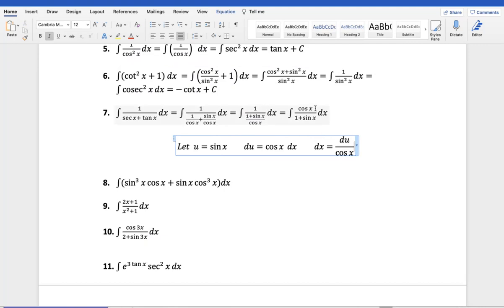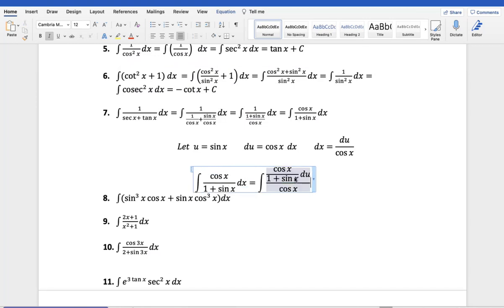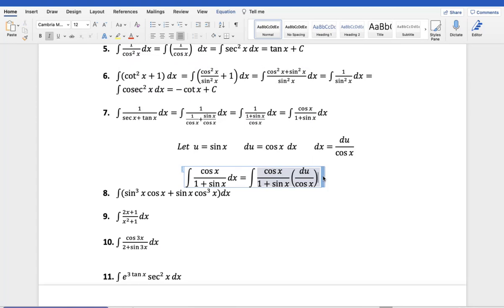So we know that. Now if we apply this to our integral, we get dx being equal to du over cos. And we have that our u is sine, so we have 1 plus u.